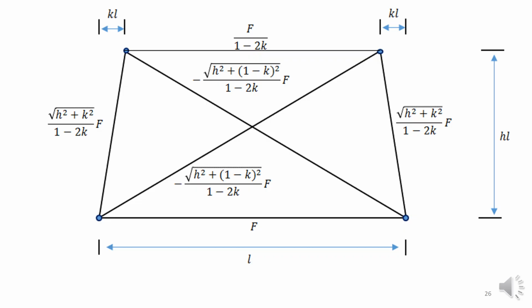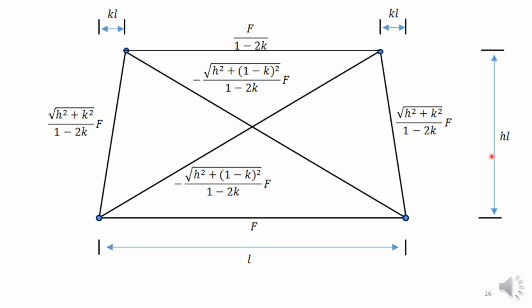These are other kinds of Stroops. Here it's a trapezoidal shape. The width at the bottom is L, and at the top, the top joint is moved inside a distance KL.